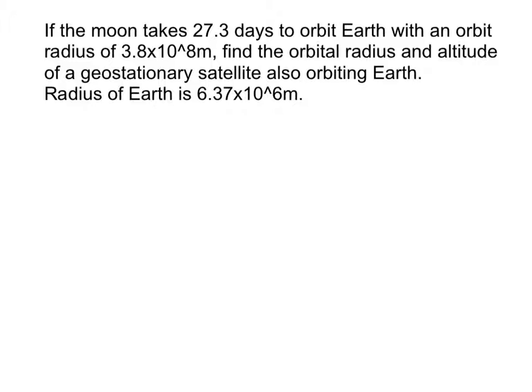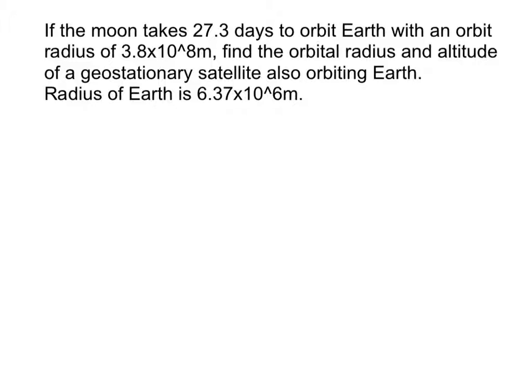This one: if the Moon takes 27.3 days to orbit Earth, with an orbit radius of 3.8 by 10 to the 8 meters, find the orbital radius and altitude of a geostationary satellite also orbiting Earth.